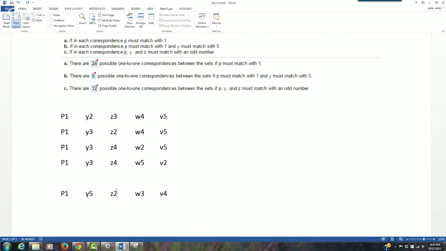And 2 here. Okay, so that's a different correspondence than I have from the previous ones. Right? And so that's what you're keeping track of with all these things, is how many different possibilities there are. So that first one's a pain in the butt because you have to list out all, hopefully recognize a pattern so you don't have to write all 24 combinations down. But that's what it's asking for you to do.